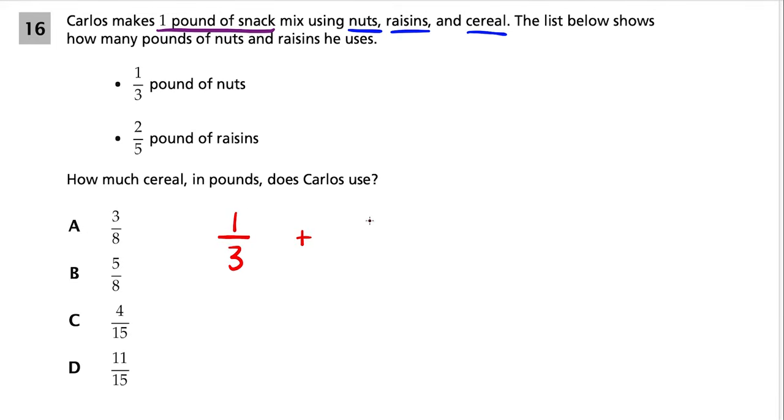Then we know that there's 2/5 of a pound of raisins, but then we have to know how many pounds of cereal there are. And what we do know is there's a total of 1 pound of snack mix. So the idea is we should add these 2 fractions together and see how much of the fraction is missing to make the whole, and that's going to be our answer.